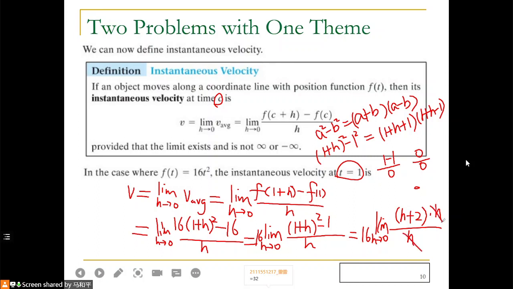So we can find this is equal to 16 times (0 plus 2), and it's equal to 32. So by this definition, we can calculate the instantaneous velocity at c, at any time c.